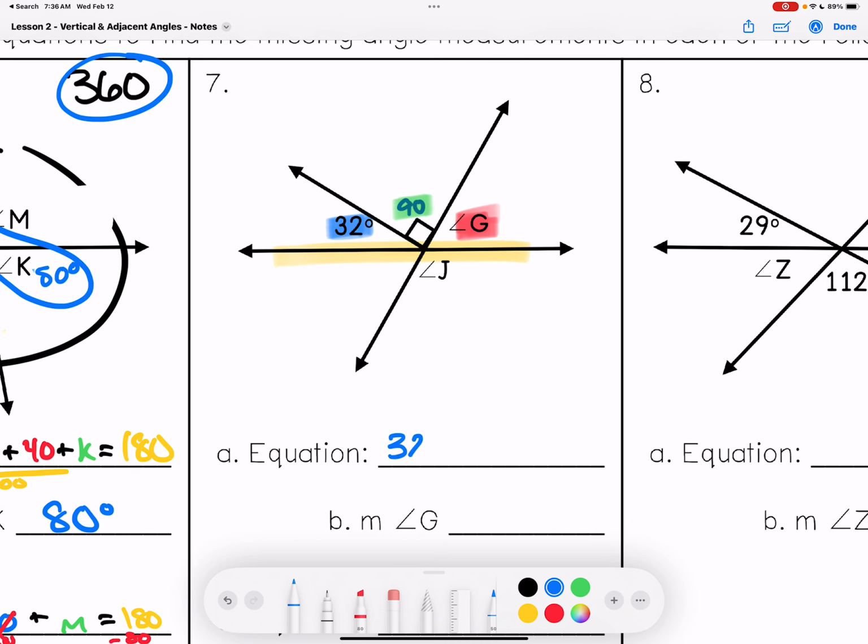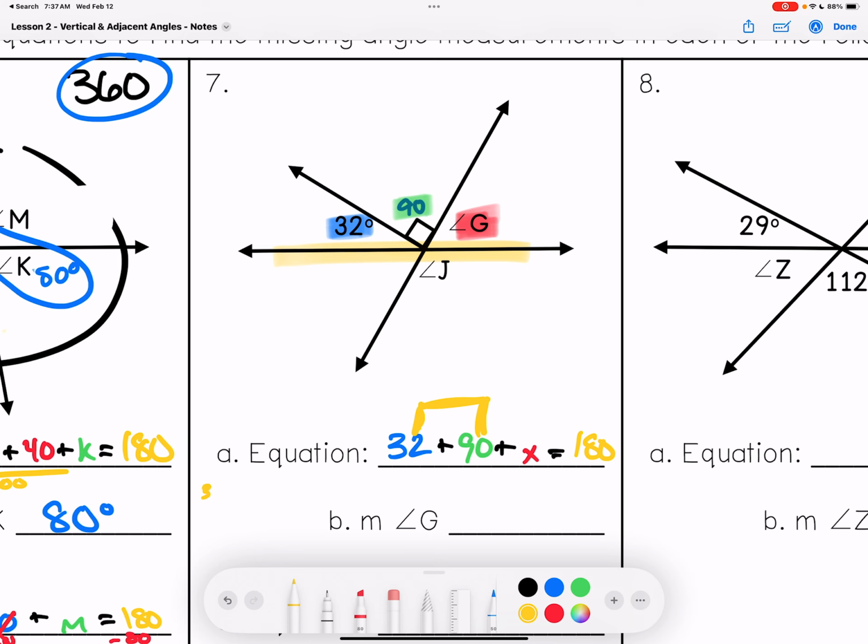So I have 32 plus 90 plus, I don't know, X equals 180. And then I need to solve that just like I have. I need to add these two and then subtract that from 180.